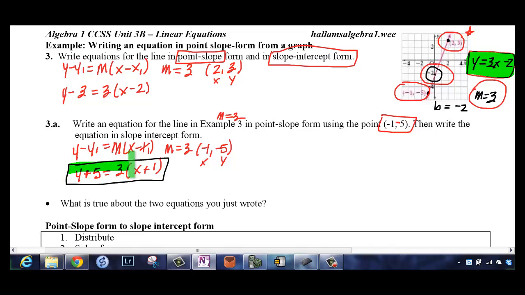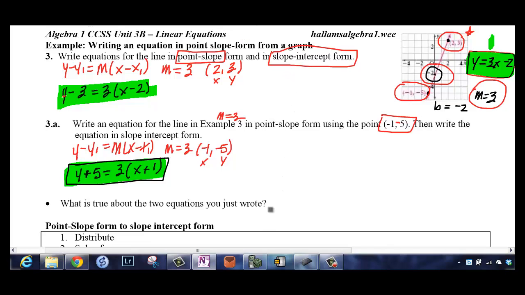This equation, y plus 5 equals 3 times the quantity of x plus 1, is the same as this equation, y minus 3 equals 3 times the quantity of x minus 2, and is the same as the equation that we started over here, y equals 3x minus 2. They are all the same.